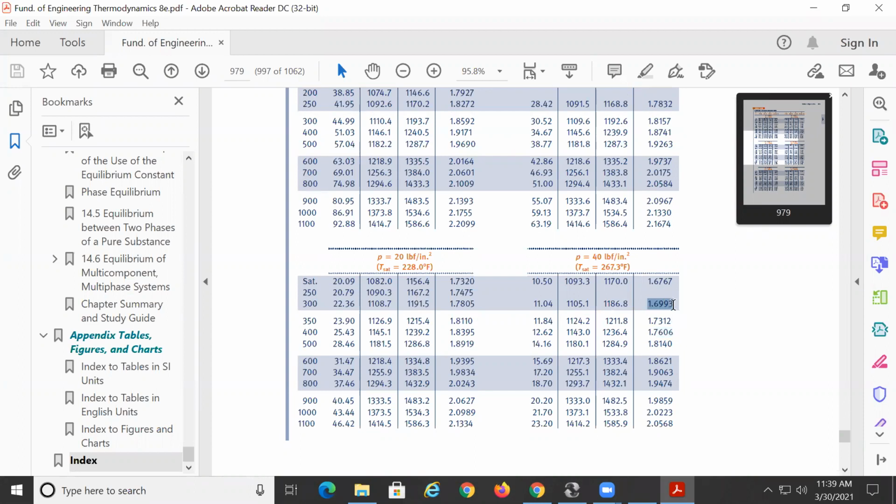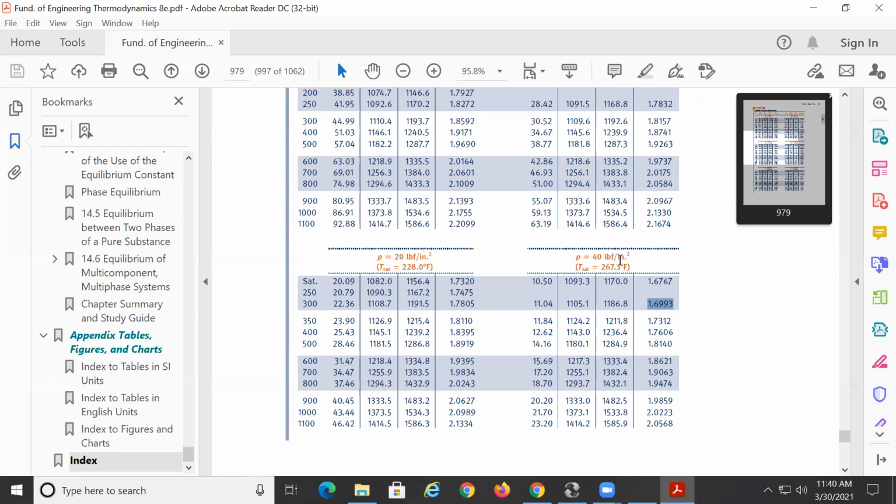So let's say for S sub A, let's say it will be 1.6993. We have that H sub A is equal to what? 1,186.8.